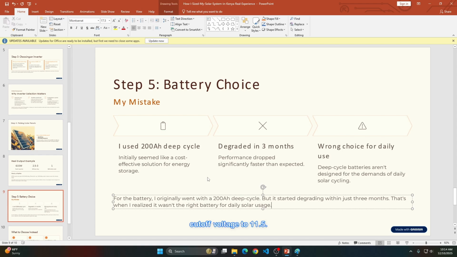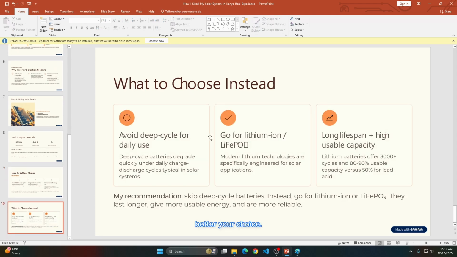I had set my cutoff voltage to 11.5, but I had to lower it to 10.5 in order to get some extra energy out of it, to juice it out. So make sure you do better with your battery choice.